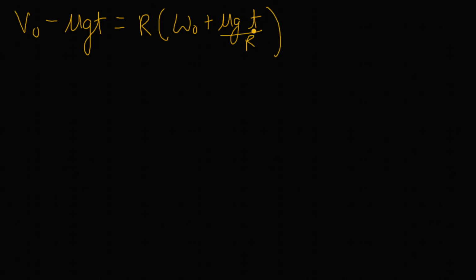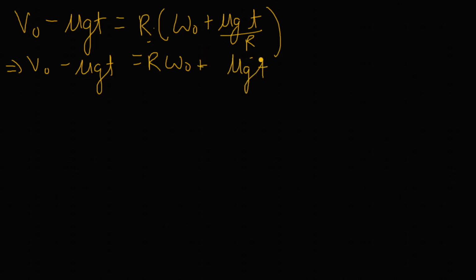Now we are going to try to solve for the variable t. Let us just do some algebra. Let us expand this bracket. V naught minus mu gt is equal to r omega naught plus, and if I multiply r with the second term in here, there is an r in the numerator and r in the denominator, so it will get cancelled. So we have plus mu gt.